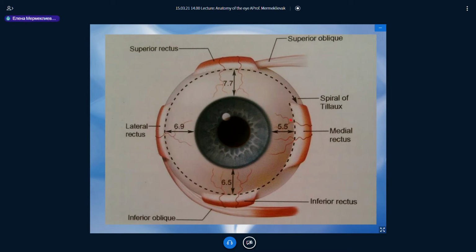The attachment of the muscles is at different distances. Closest is the medial muscle, and here the distance is bigger. And this forms the spiral of Tillaux.